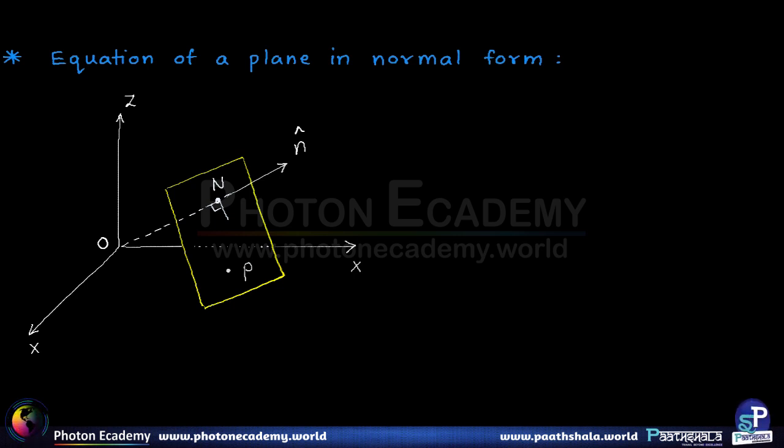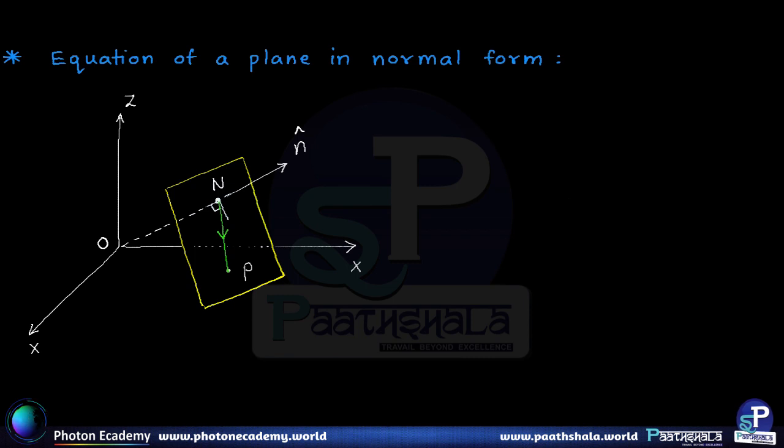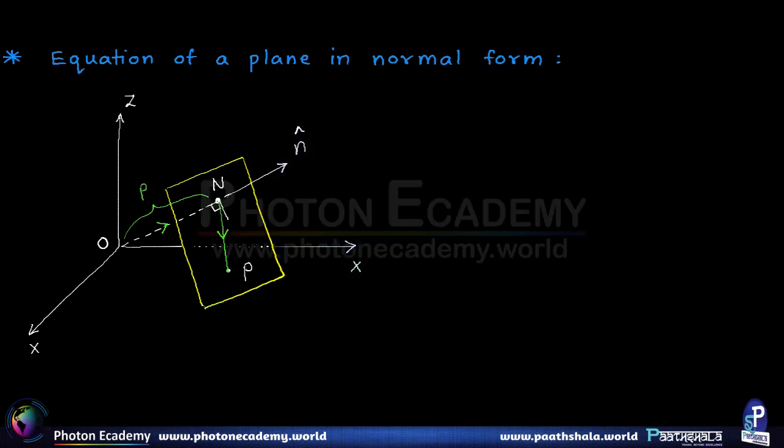So let us consider a random point P on the plane. Now here I join point N and P, so that we will have a vector NP bar. Then the vector ON bar is already visible, that's the vector joining O and N. Let us consider that the distance ON, that is the perpendicular distance, is denoted by small p.